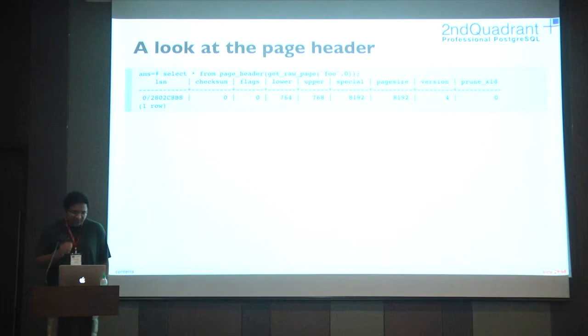It has a bunch of fields. For example, here you can see checksum is 0, which just means that I didn't have checksums enabled for this test. And there are pointers like lower and upper and special, which we'll see in more detail later.